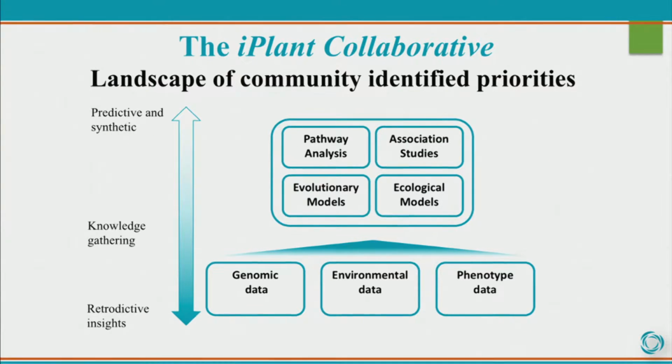As we alluded to earlier in that definition I showed, we're interested in genomic data, environmental data, phenotype data, because you really need all of those to do higher level predictive and synthetic biology where you are solving those large challenges of size and scope. So whether you're looking at pathways, association, different types of modeling and evolution and ecology, you need all of those types of resources available to you.